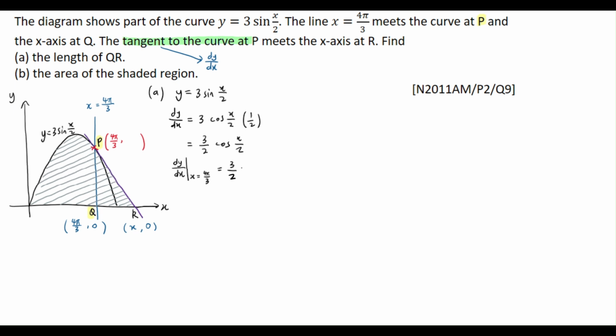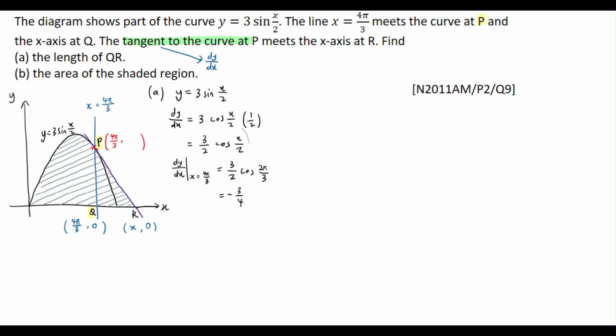With that, you will substitute x to be 4 pi over 3, and dividing by 2, I will have 2 pi over 3. So in this case, dy dx, which is the gradient of the purple line, will be negative 3 over 4.